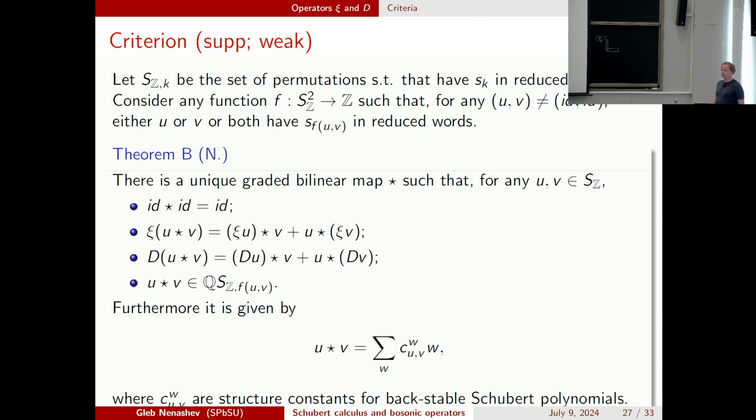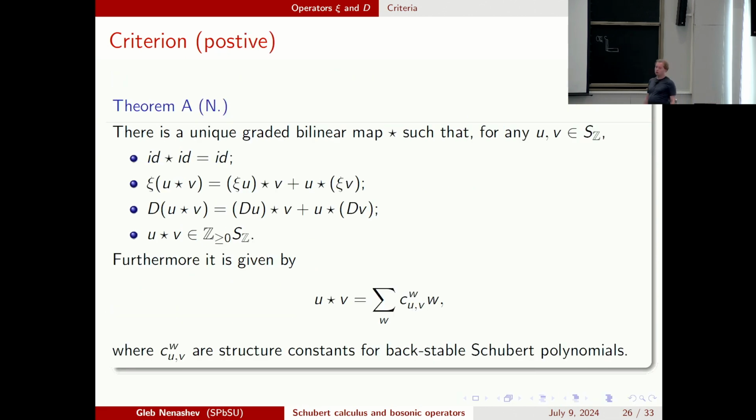Sorry, if you just relax the fourth condition, how many bilinear maps are there? If you delete condition 4, you just say that the product of two Schubert polynomials equals the product of their Stanley symmetric functions.